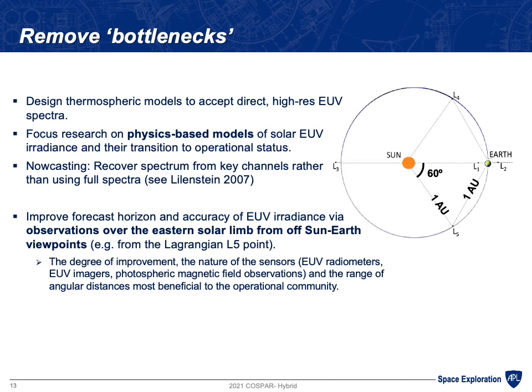Now, if we really want a robust extension of the forecast horizon, well, we just have to make the measurements in other locations, and the obvious one is from L5, so we can see the activity that's going to come over the visible disk from Earth, deploying either these sort of simplified spectrometers that Lilienstein advocates for, or magnetograms will definitely help us expand the horizon to 3 or 4 days right away.